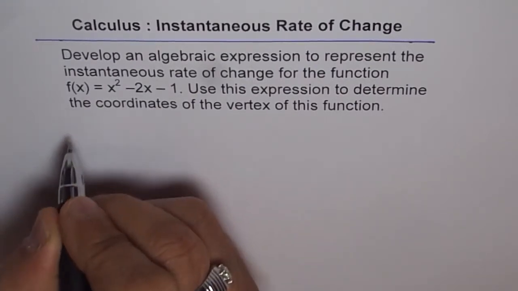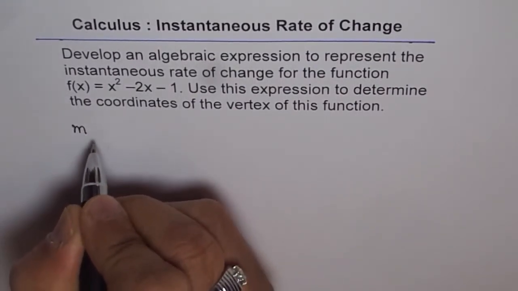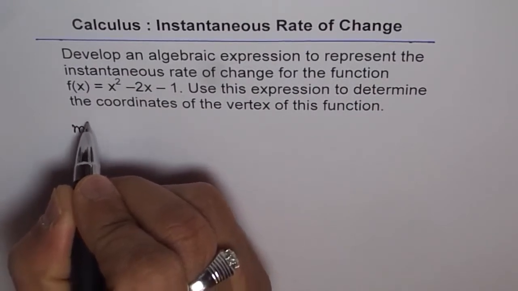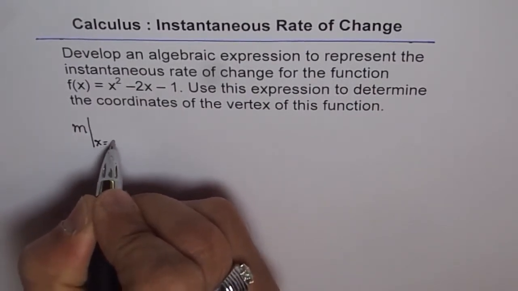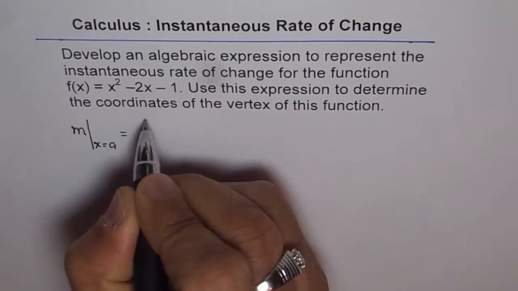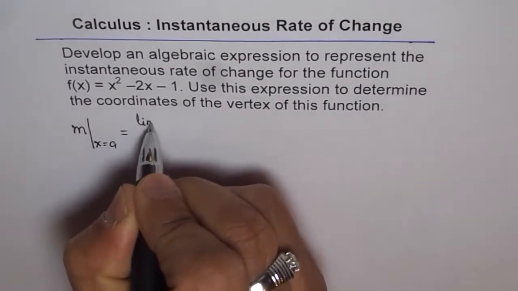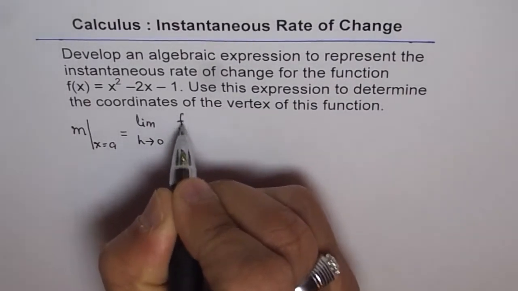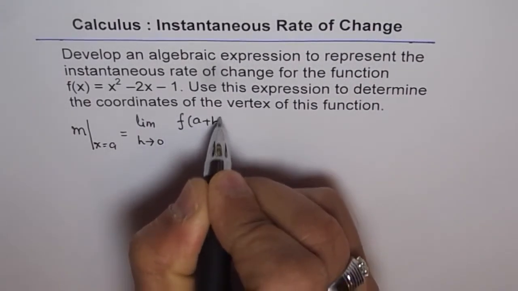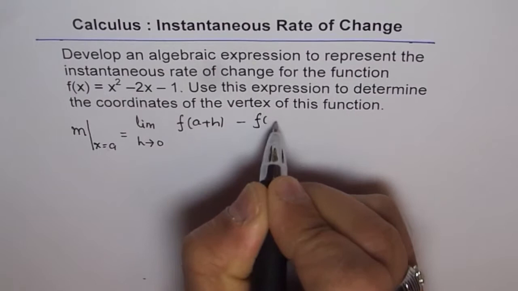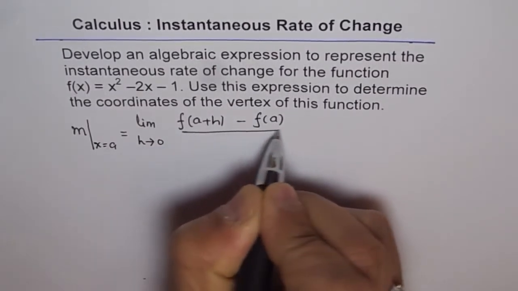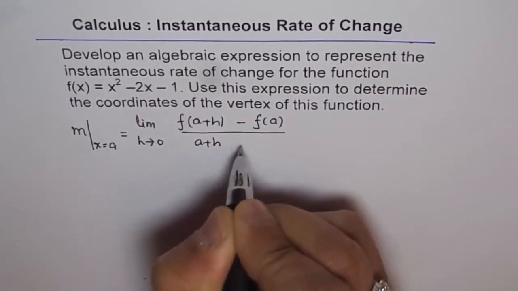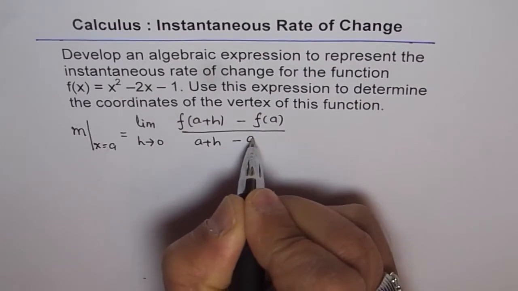So the instantaneous rate of change at x equals a, m at a, is equal to the limit as h approaches 0 of f of a plus h minus f of a over a plus h minus a, right?